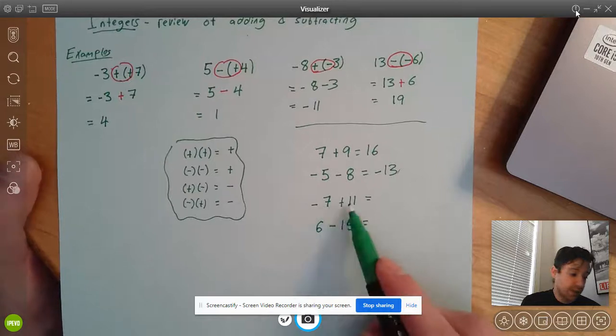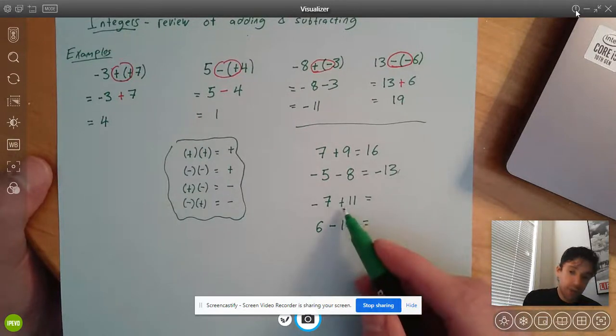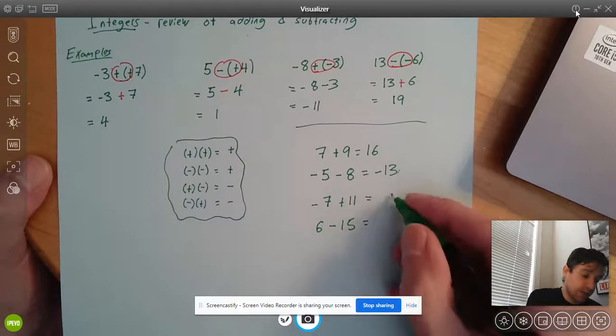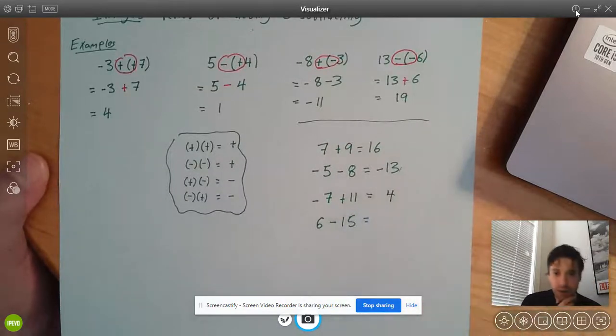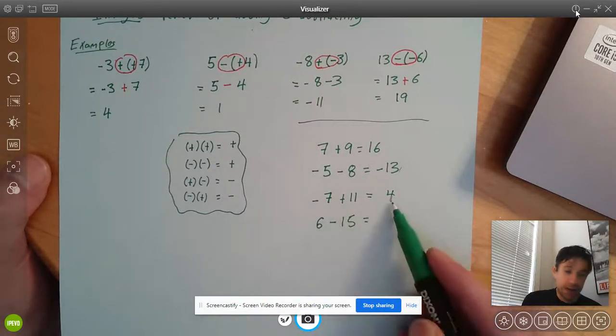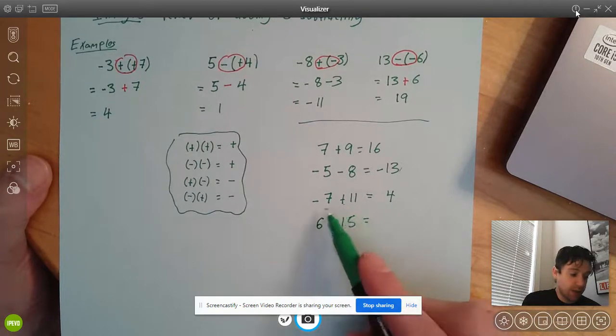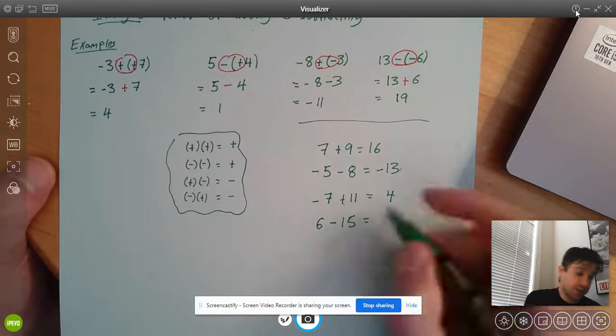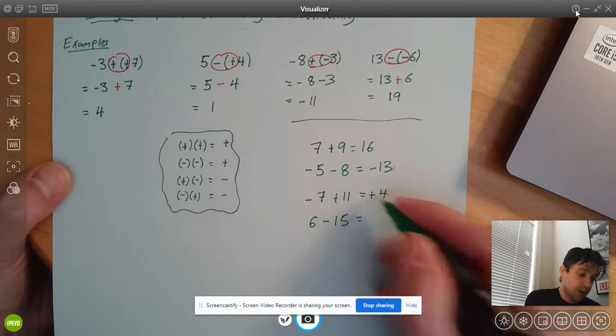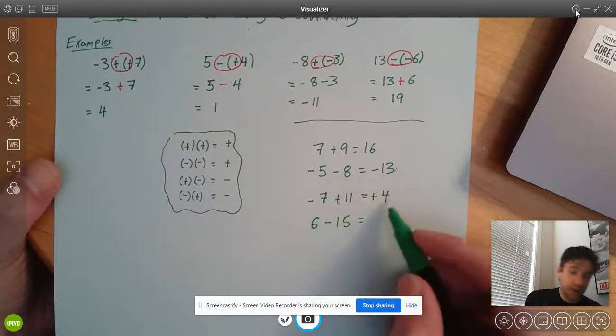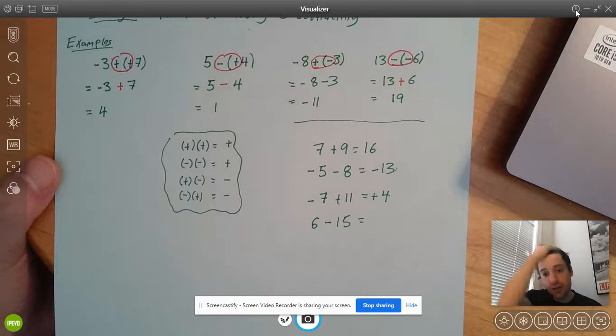So the difference between 7 and 11 is 4, but the positive is bigger than the negative. So the positive outweighs the negative, so my answer will be 4. So that's just another way to think about adding and subtracting integers. If the signs are different, my answer will be the difference between them, and then whichever is larger determines the sign. So because positive 11 outweighs the negative 7, my answer is going to be positive. So that's just another way to think about these, maybe instead of a number line.